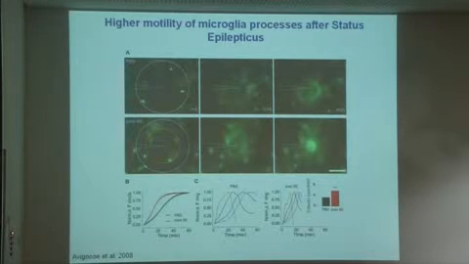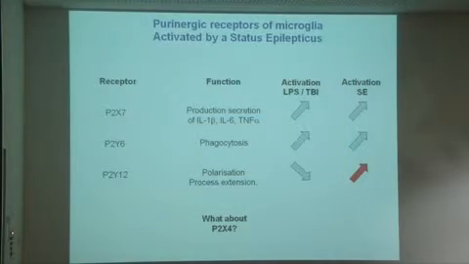So this confirmed that not only can we detect an upregulation of the messengers of P2Y12 receptors, but we also have an increase of the response induced by the activation of those cells, either when we measure the potassium currents that are linked to these receptors or when we measure this functional motility of the processes.